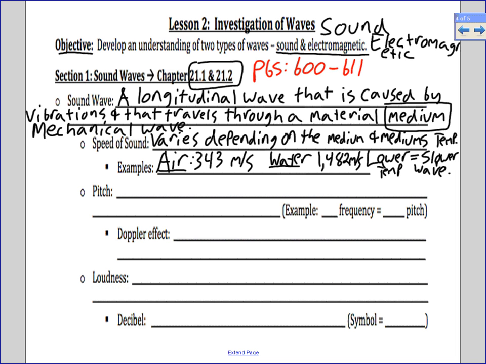Now, pitch is another thing that we can look at with sound waves. And pitch is a measure of how high or low a sound is perceived.